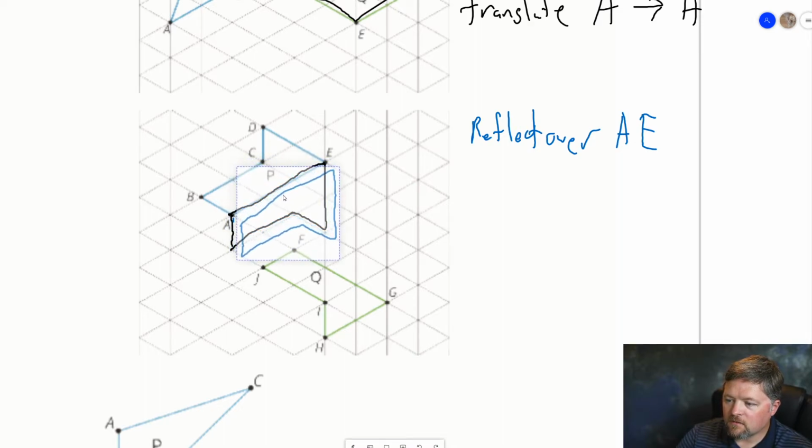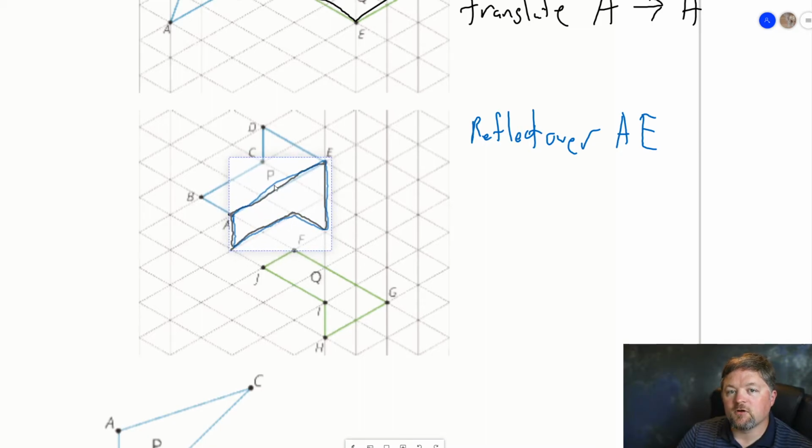Then, why don't I just translate it so that you can really pick any point you want as long as you go to the corresponding point on the other one.